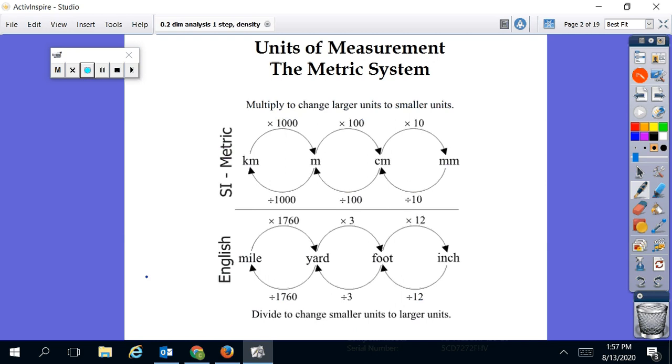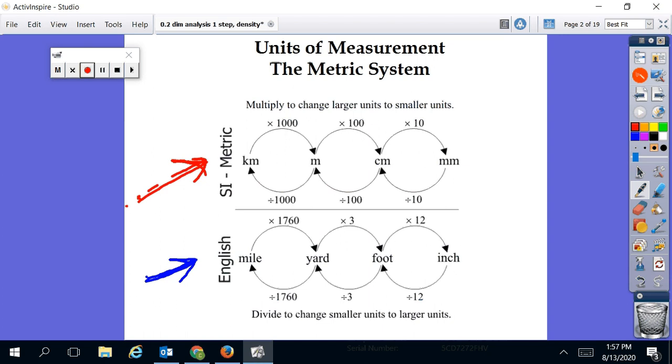Things you're familiar with, like races are measured in miles, things are measured in feet, square footage, inches. However, most of the world uses the metric system, which is this top system. Meters, kilometers, kilograms, grams, those types of units.